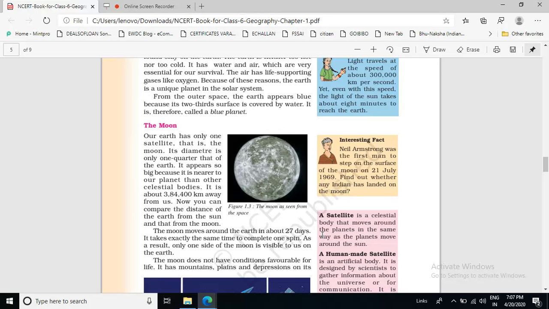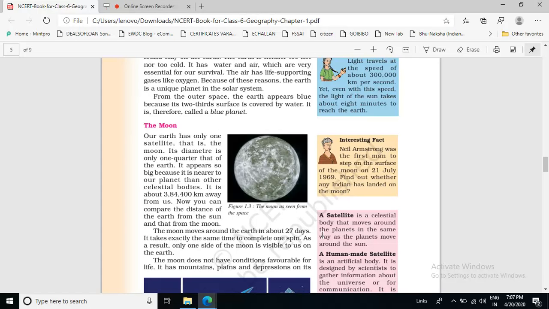Okay, so what is moon? Moon is a celestial body, and it is a satellite of the earth. And the moon is much smaller than the earth. If we compare the size of the earth and the moon, we find that the diameter of the moon is one fourth of the earth.